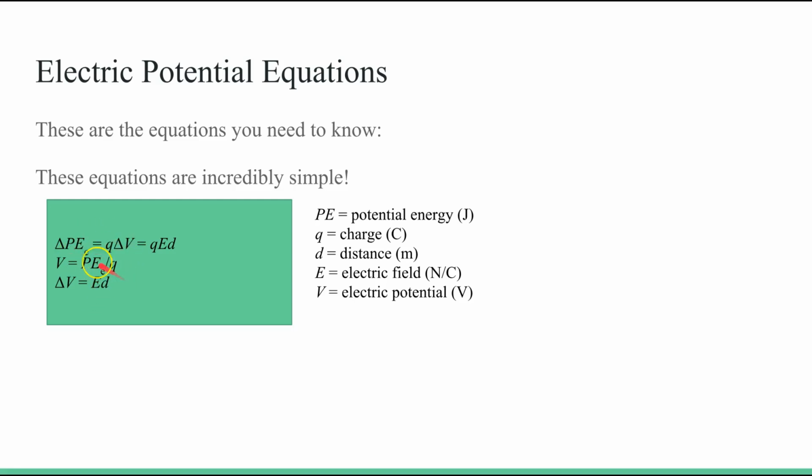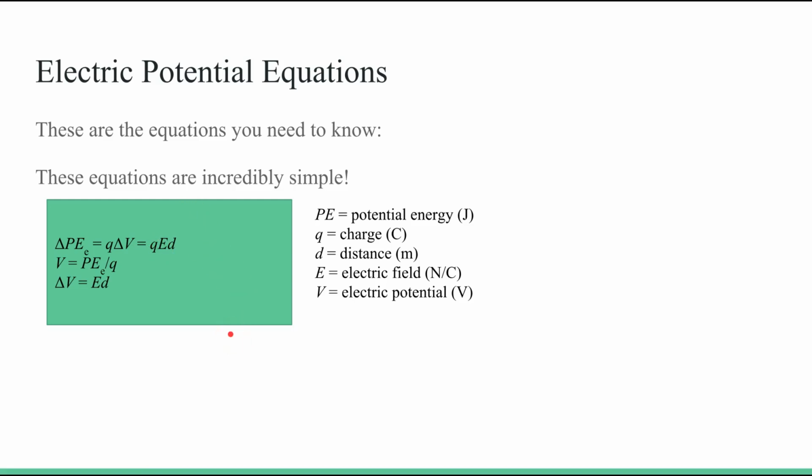So the change in potential energy, the energy gained or lost, will be your charge Q times the change in potential, so the potential difference. And you could derive this thing over here as delta V equals E d. You can substitute that right over here to get Q E d.